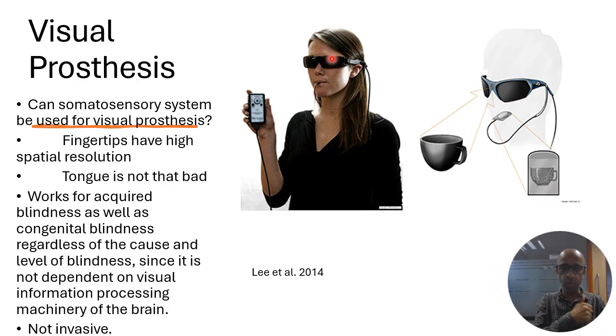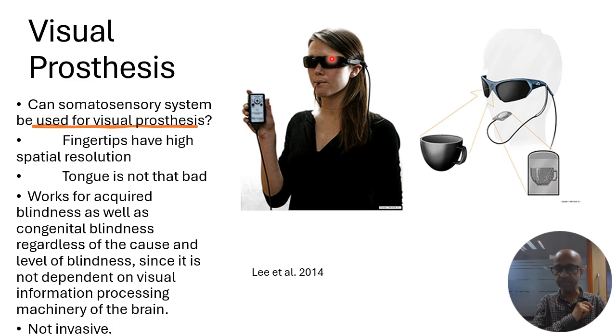So technically, you're not using your visual system any longer. You're using your somatosensory system or your gustatory taste system, or in reality, actually the combination of the two, to create perception of a shape. So you can use that to solve visual navigation or visual object recognition kind of tasks.